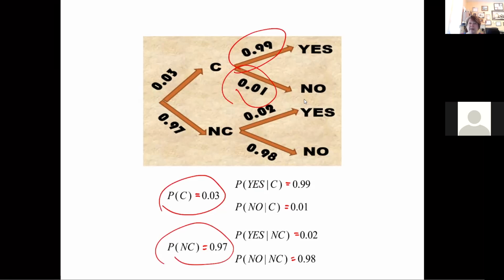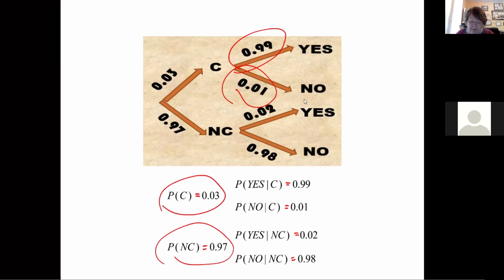So the 0.98 is the probability that I test no, given that I don't have cancer, 98% accurate. The other branch, the 0.02 branch, is that it gives me a false positive. It tells me, yes, I do have the cancer when I actually don't. So 2% of the time, it'll scare the daylights out of you because it'll tell you have cancer when you actually don't. So you have to get more testing.